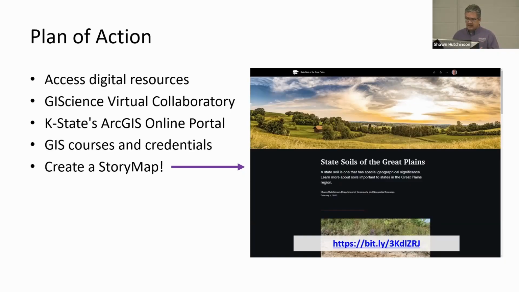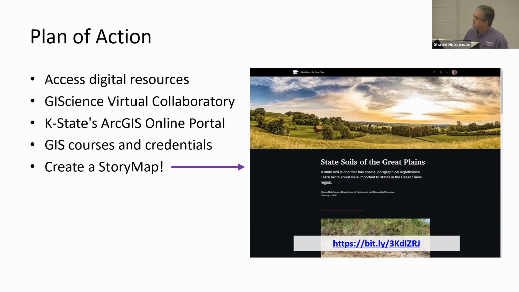But before we get to that, I wanted to take this opportunity to talk a little bit about some of the broader topics related to GIS here on campus, since I have a good audience. We're going to discuss the GI Science Virtual Collaboratory. Is that something people have heard of before? Good.